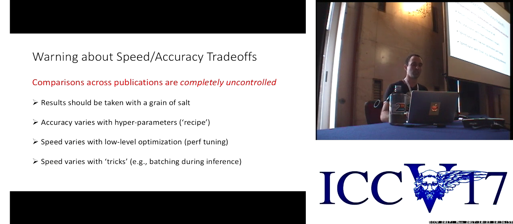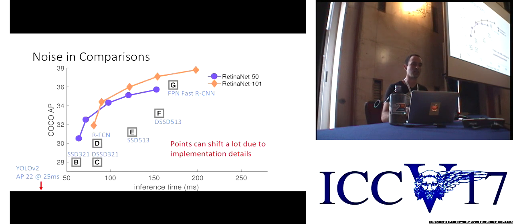And then the other thing is that there are lots of hyperparameters associated with these systems, or small design decisions that are sort of below the quantum of a publishable paper. And these components of the recipe often greatly change where something will land on this plot.